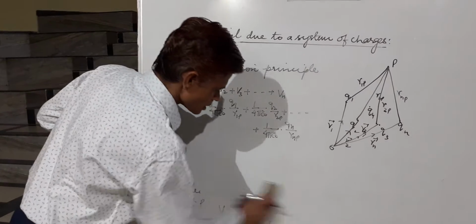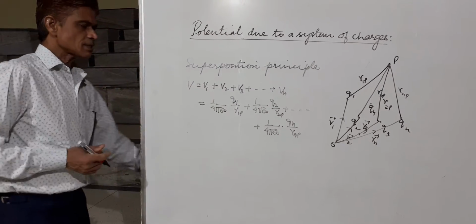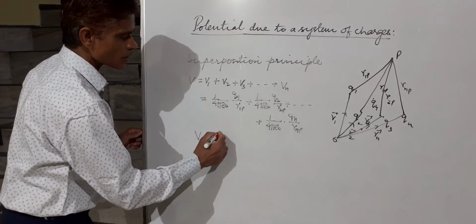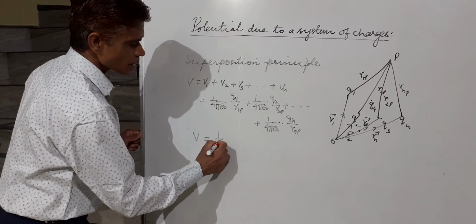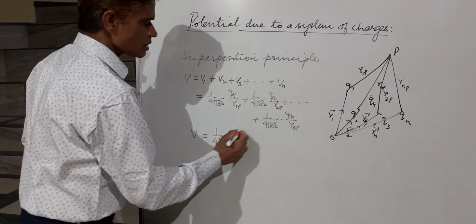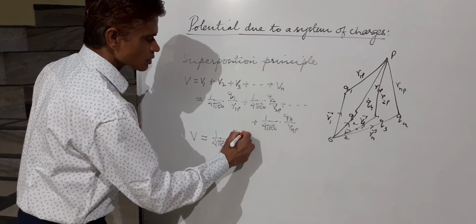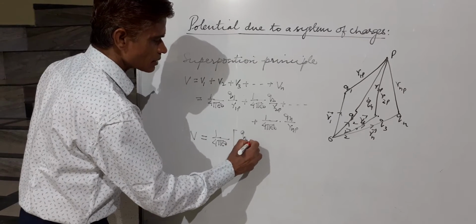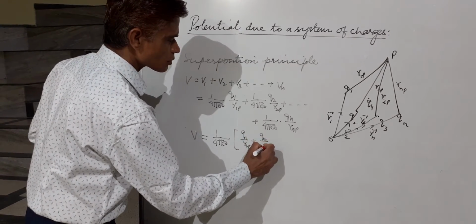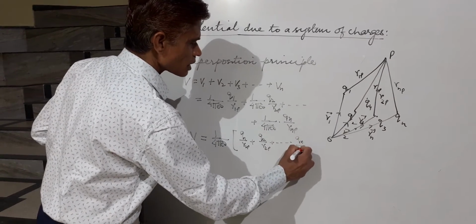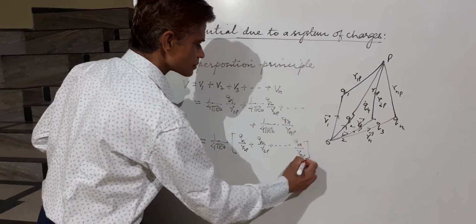Now let us take 1 by 4 pi epsilon naught common, which is a term common to all these. So we can write 1 by 4 pi epsilon naught times Q1 by R1P plus Q2 by R2P plus dot dot dot Qn upon RnP.